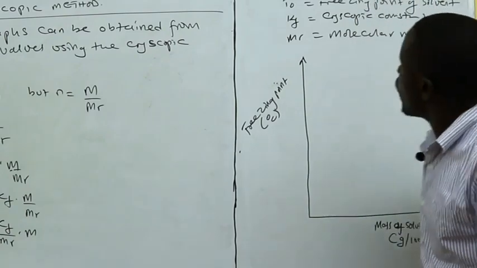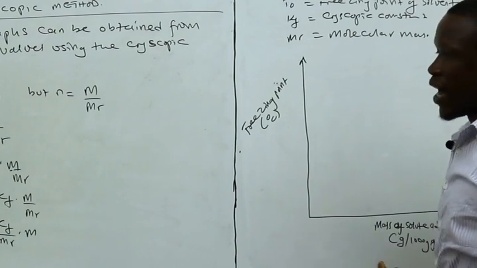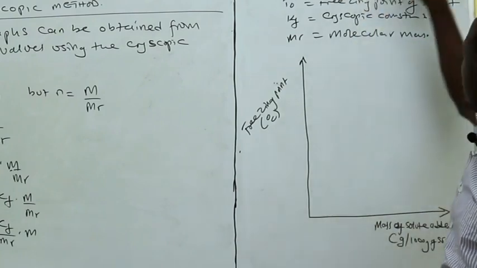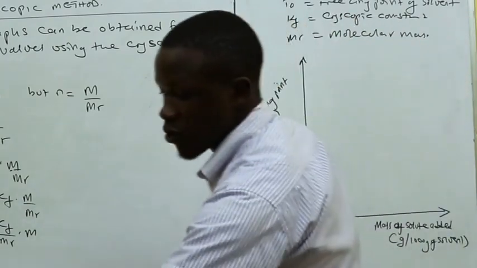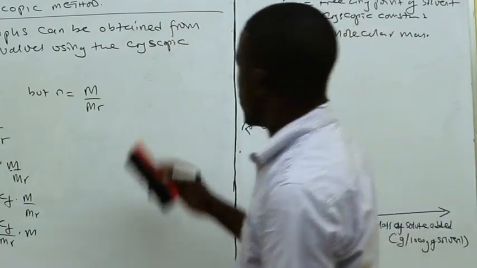And then when you look at the equation that we have generated here, and relate it to the equation of a straight line, it could give you the shape of the graph that we intend to draw.